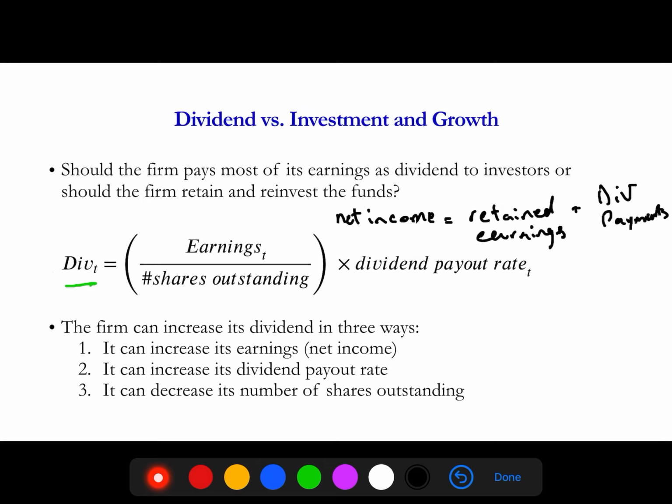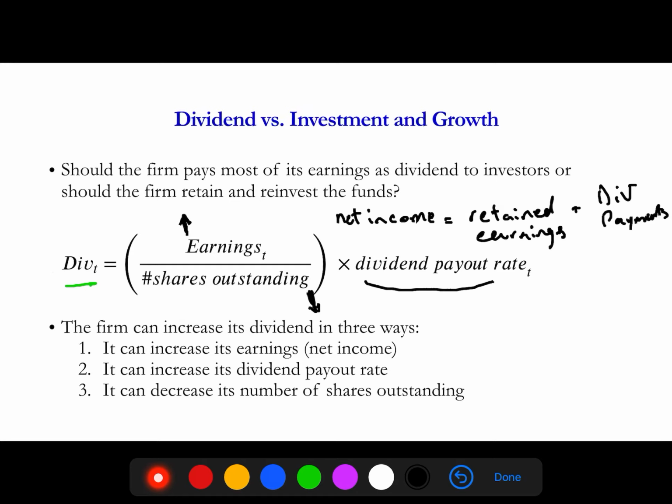It can increase its dividend payments by increasing the income in that year or decreasing the number of shares outstanding. Or it can increase its dividend payout ratio or dividend payout rate.